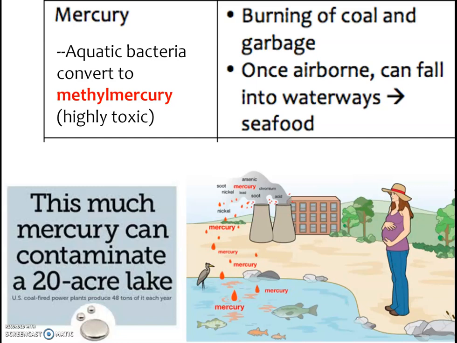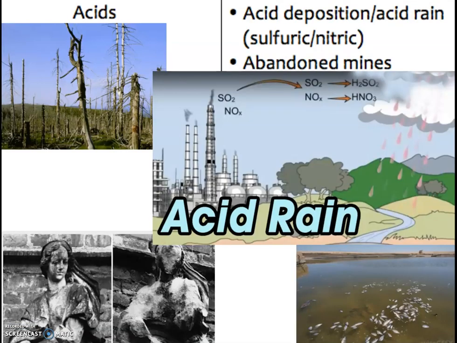We talked about that. Coal also puts sulfur in the air, but here we're talking about mercury. Once it's airborne, it can fall onto waterways and into seafood. That little spot, this much mercury can contaminate a 20-acre lake, so it really doesn't take much. And bacteria convert it to methyl mercury. Regular mercury, your body sort of gets rid of. Methyl mercury is the very, very toxic form.